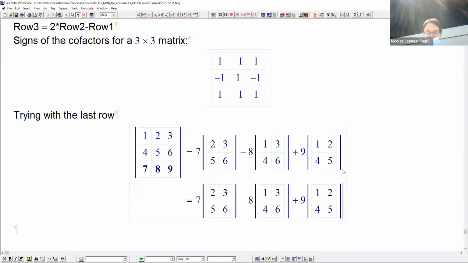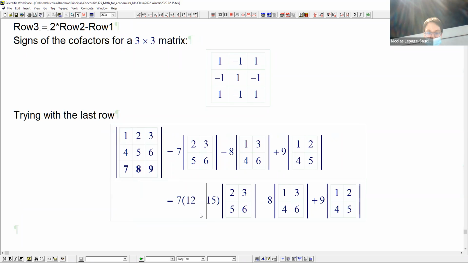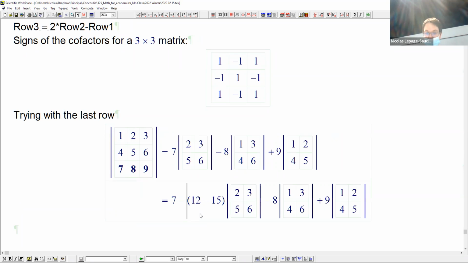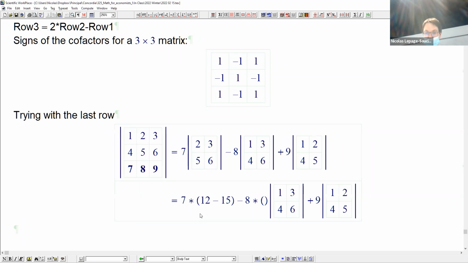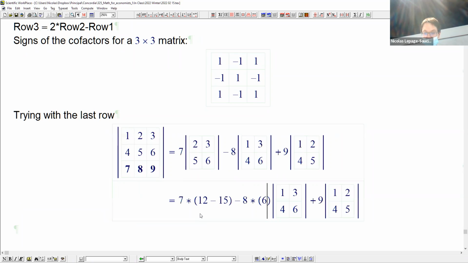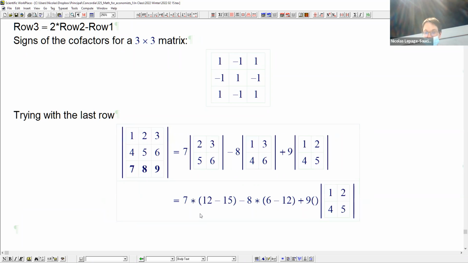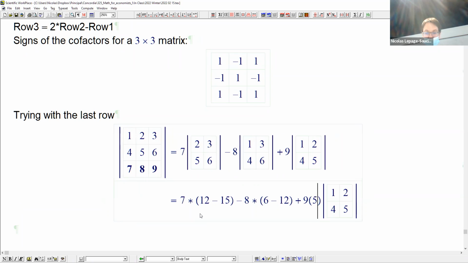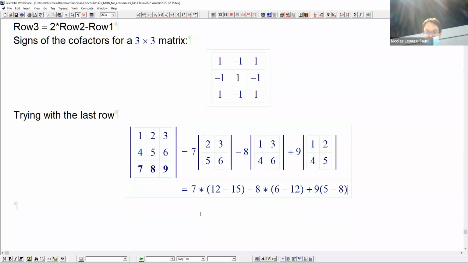Gives me 12 minus 15. Here I get 6 minus 12. Here I get 5 minus 10. 5 minus 8. And yeah.